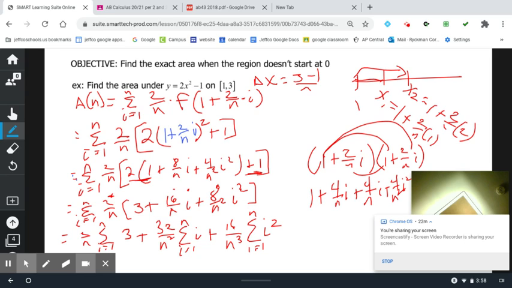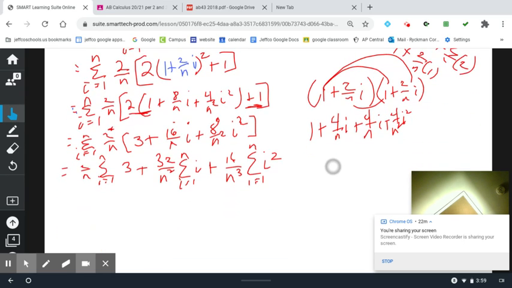Let's see, do I have room for one more line? Yes, okay, cool.